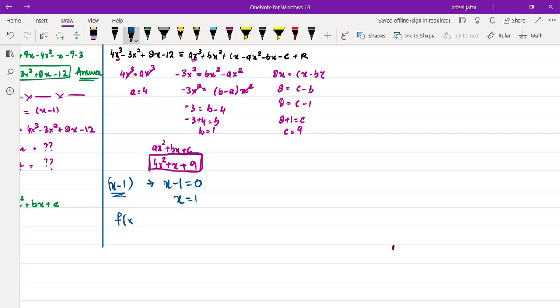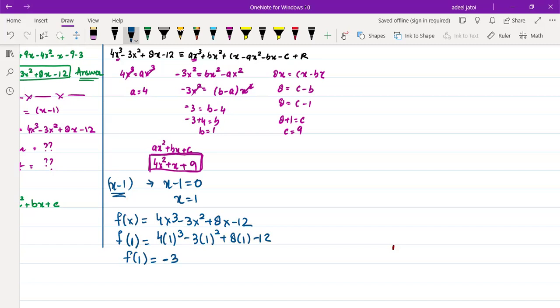Let's say we have f(x) is 4x cube minus 3x squared plus 8x minus 12. If we put in 1, we get 4 times 1 cube minus 3 times 1 square plus 8 times 1 minus 12. This f(1) gives me minus 3, which will be the remainder.